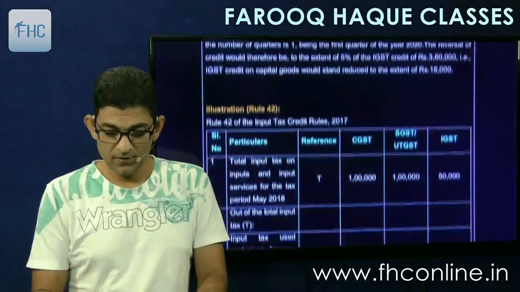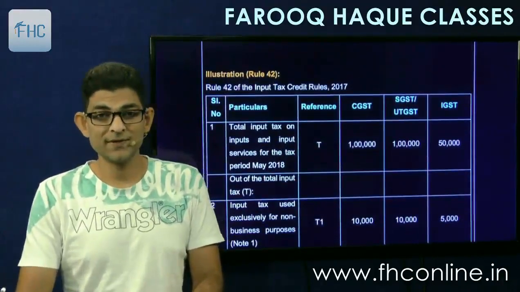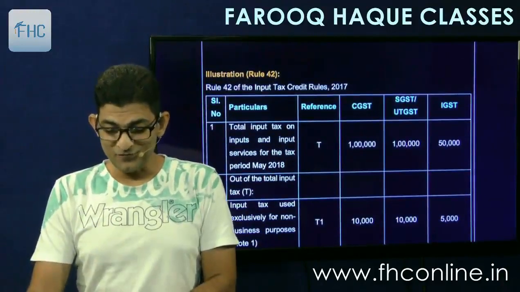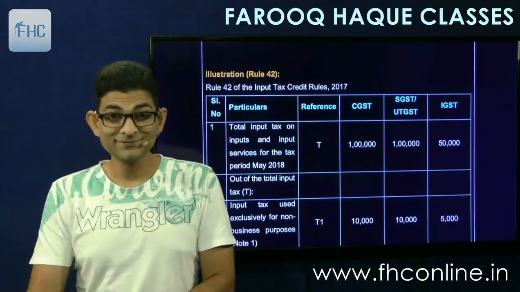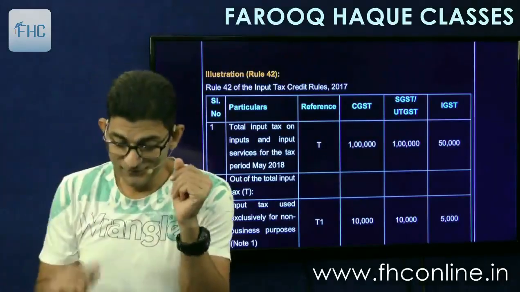Okay. So then come down to illustration number 2. Rule 42. This is an interesting one. That is, when you manufacture, you can write down over that.